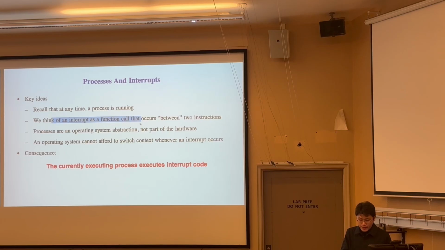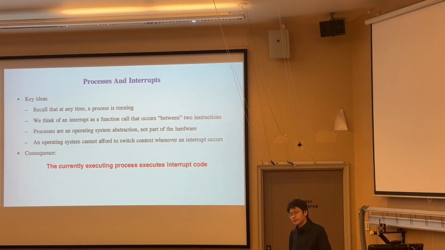Processes are an OS abstraction, not part of the hardware, and the OS cannot afford to context switch whenever an interrupt occurs. These are some of the constraints you want to follow when you design an OS. The consequence is that the currently running process will need to execute the interrupt handler.